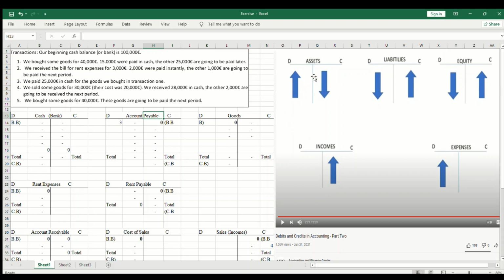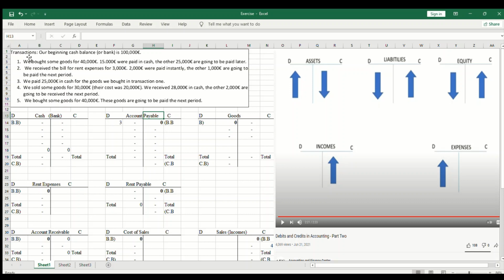Assets are increased on the debit side and decreased on the credit side, all the assets. Liabilities are decreased on the debit side and increased on the credit side. Equity is decreased on the debit side and increased on the credit side. Incomes are usually recorded on the credit side and expenses are usually recorded on the debit side.